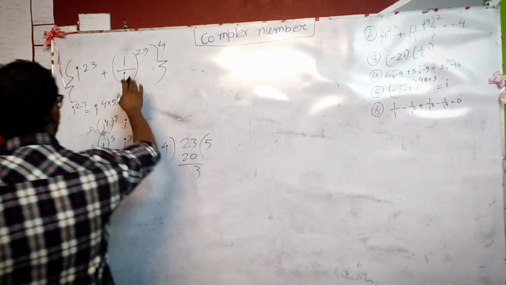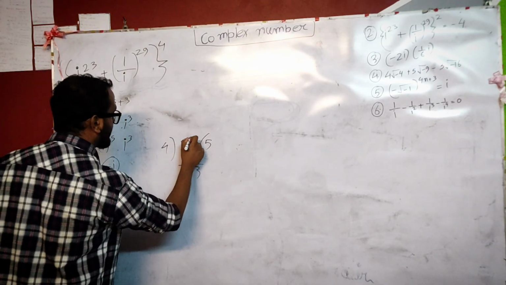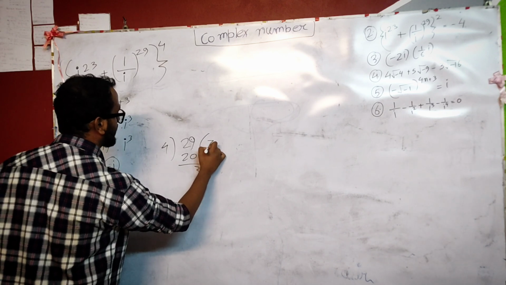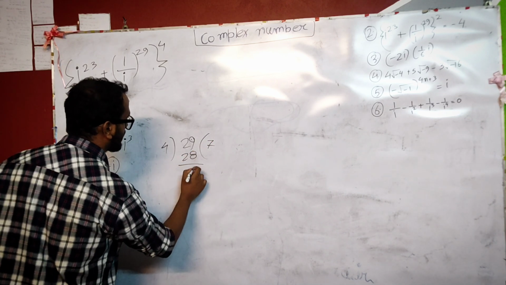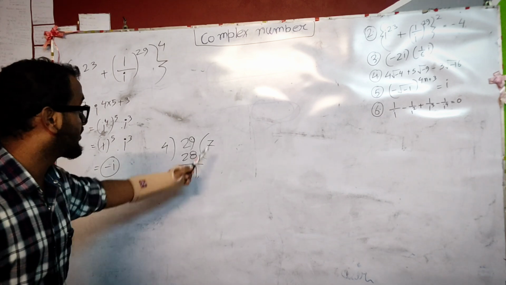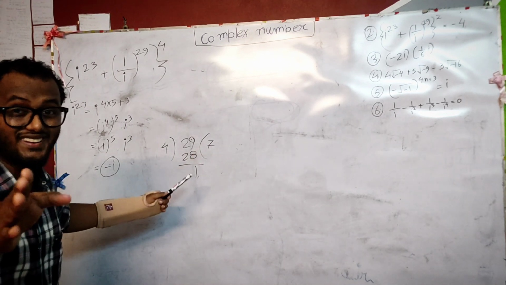Now i to the power 29. Let's divide 29 by 4. On dividing, we get the remainder 1, and the quotient is 7.